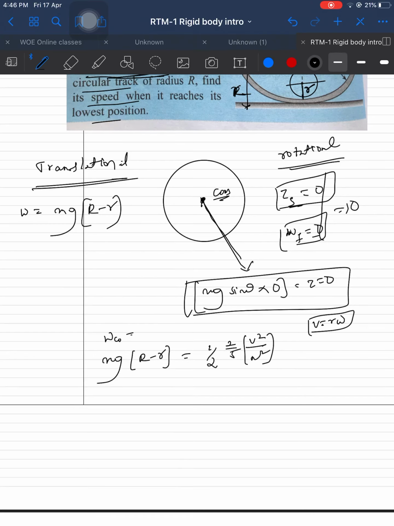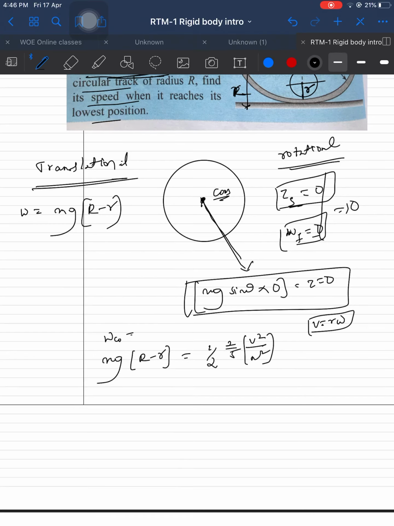Okay, wait. 2 by 5 m r square, half I, this is the I value. Omega square is v square by r square, plus half m v square.